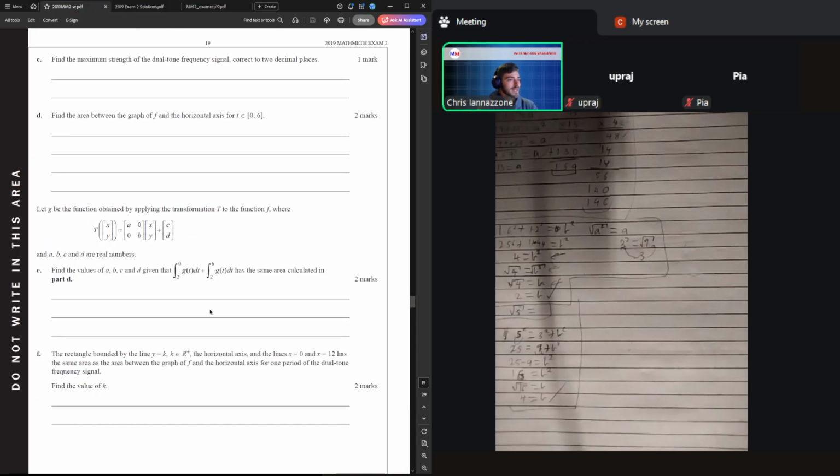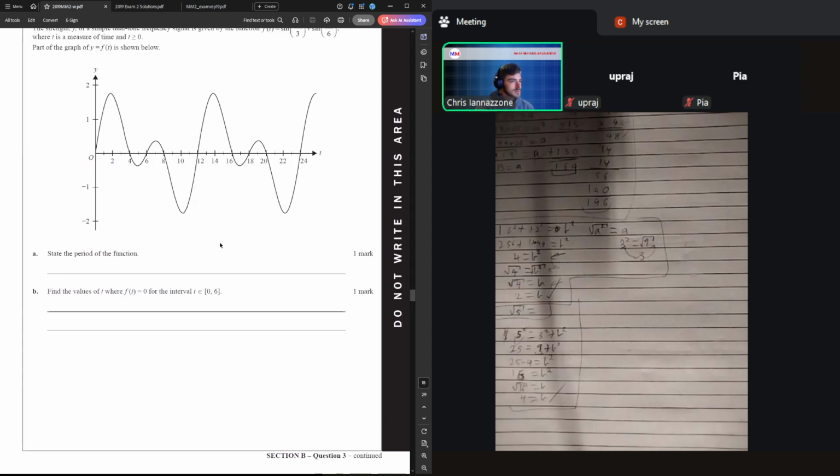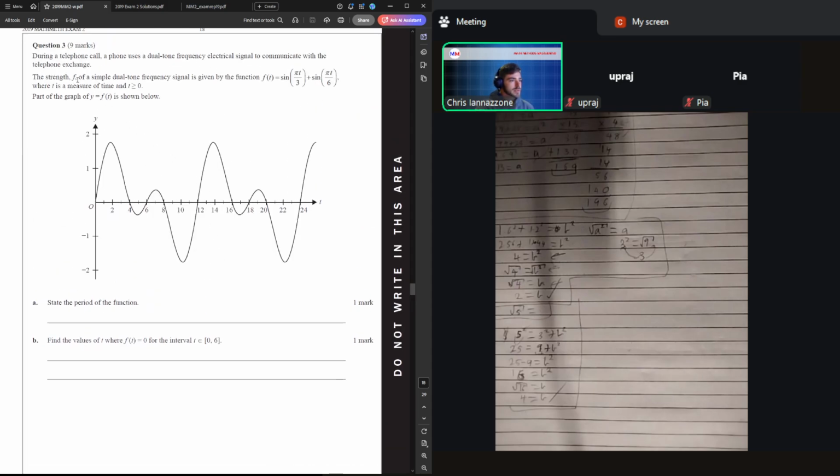Let's see. Maximum strength of the dual tone frequency signal. So it's worth pointing out the graph F is the graph of a dual tone frequency signal. So that means that the signal strength would be on the y-axis.